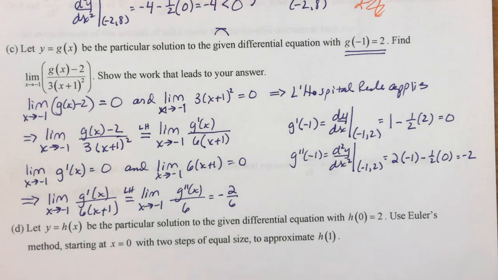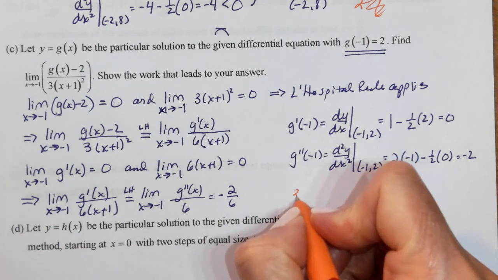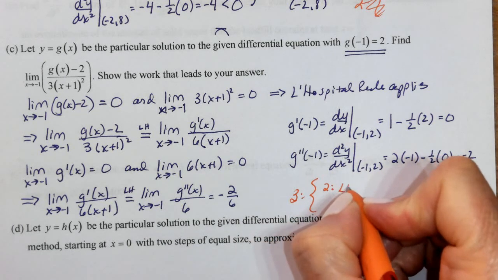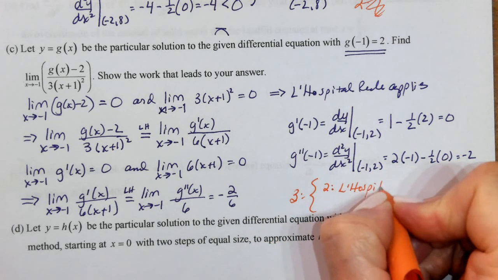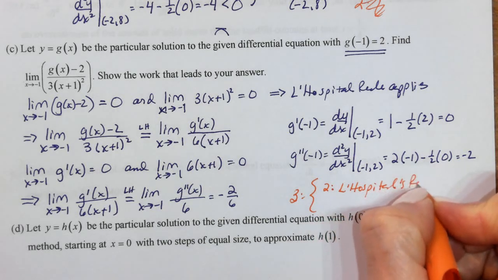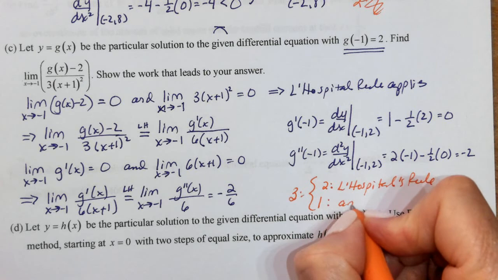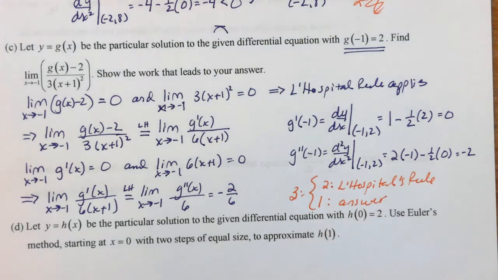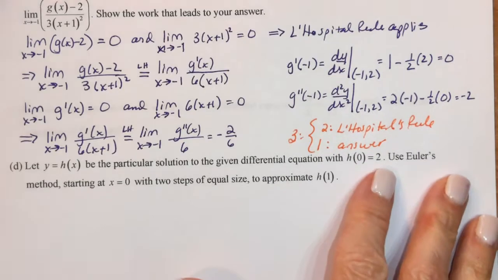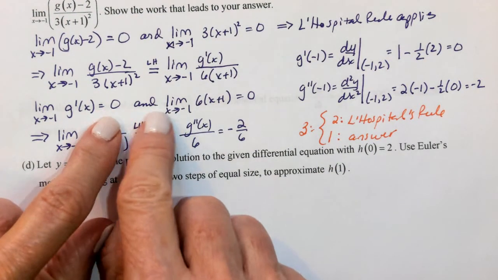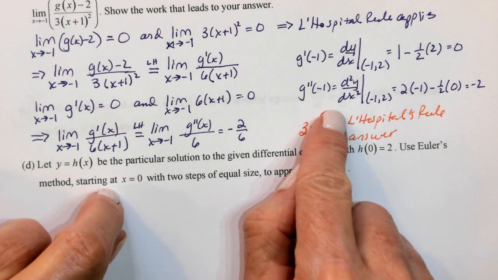So this was worth 3 points. 2 of those points were for applying L'Hopital's rule appropriately. 1 of those points was for the answer. I have no idea if you had not shown these. I know if you had not shown these 2 steps, you would not have gotten those 2 points.